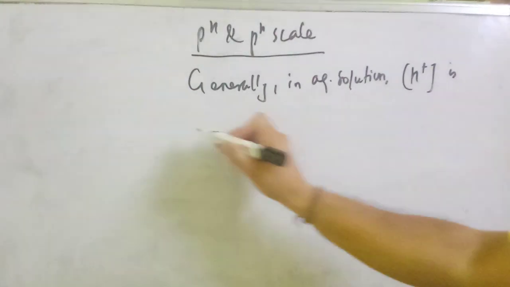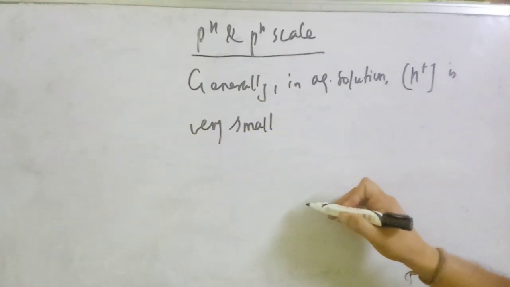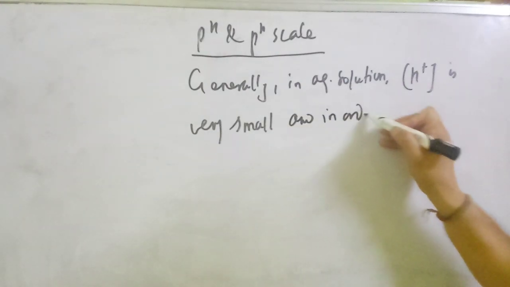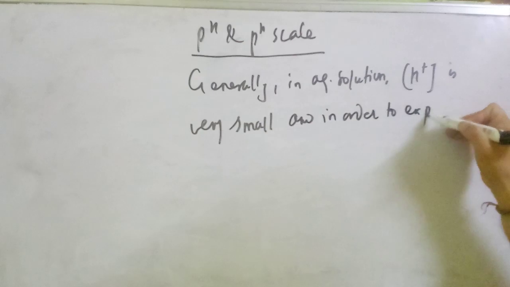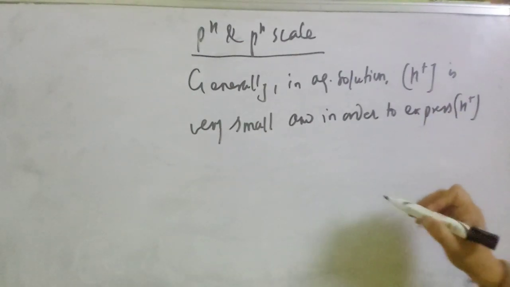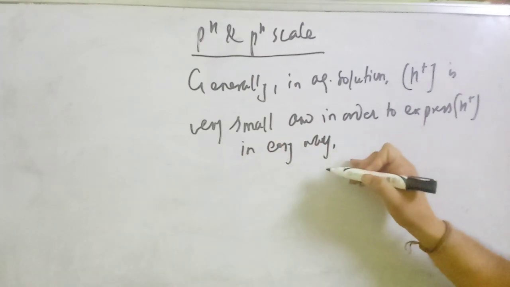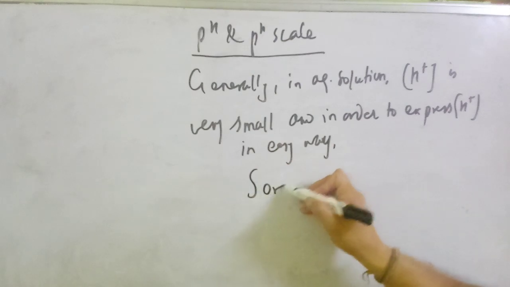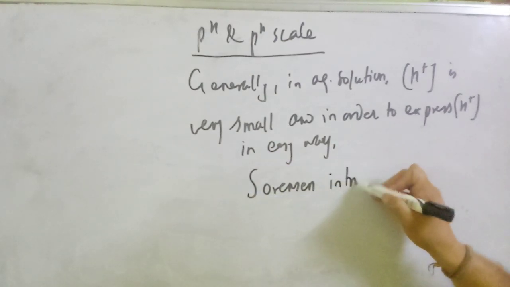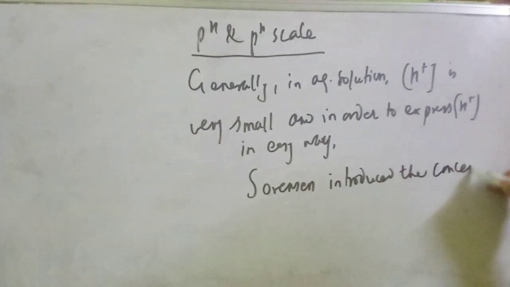The H+ amount is very small, and in order to express the H+ concentration in a convenient, easy way, Sorensen, the name of a scientist, introduced the concept of pH.